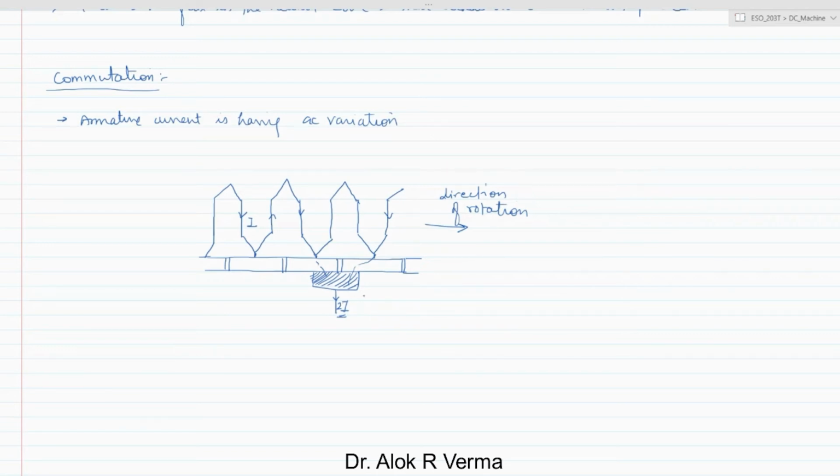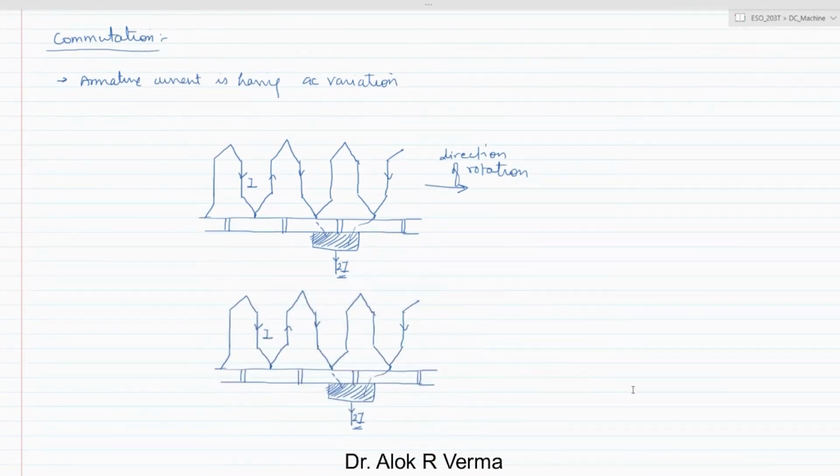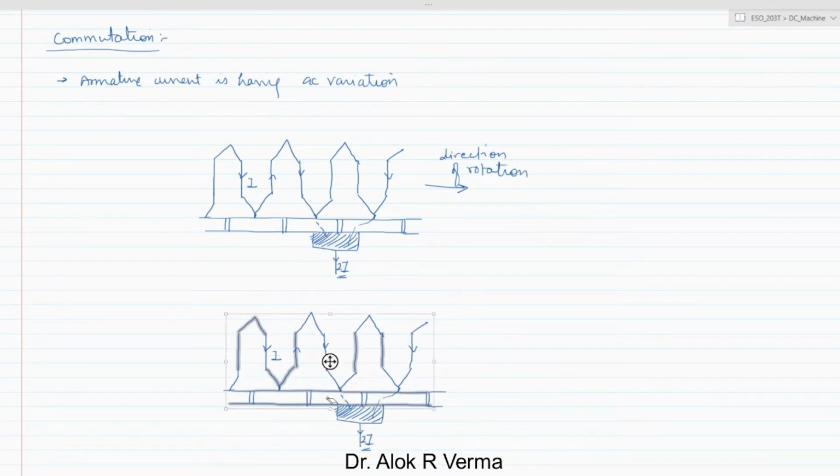Now similarly, if this moves to the next coil, what will happen if it comes here? So let us copy paste this section. I'll just remove this. And now the brush moves to this position.